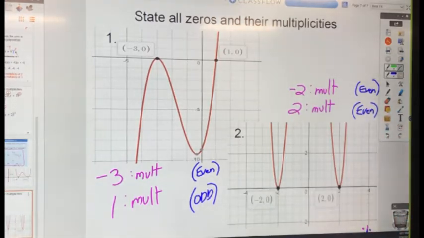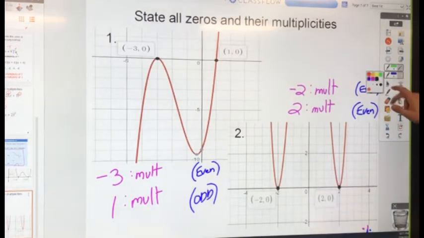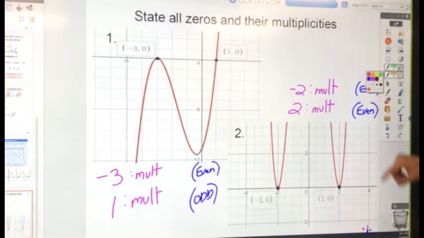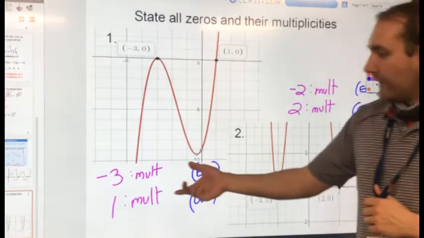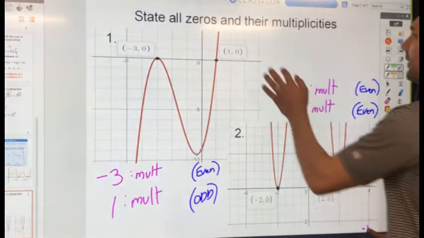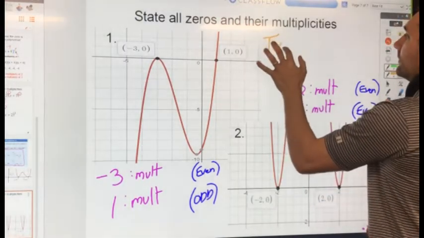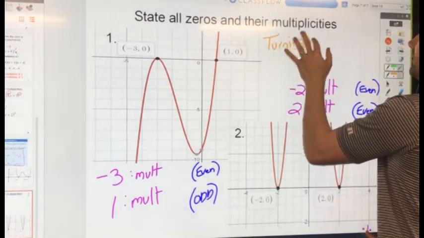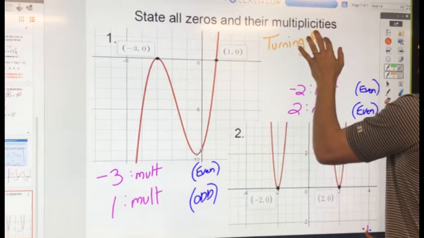So here's what's expected of you to know in this class. Now, to expand your knowledge a little bit more, let's see if we can actually figure out what these multiplicities are. Remember when I talked about turning points? Turning points equal what?